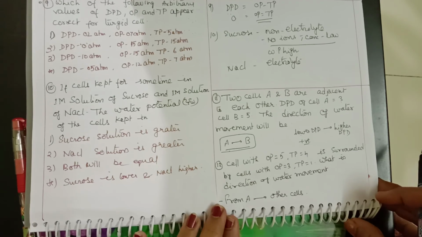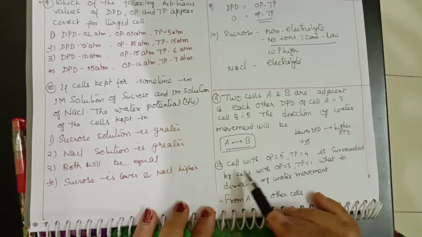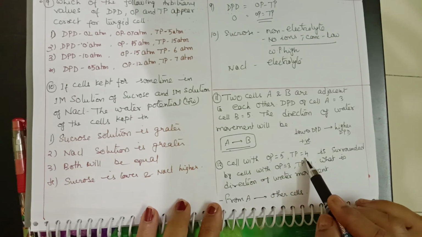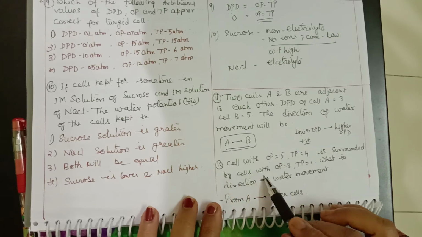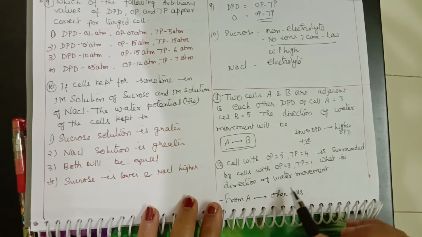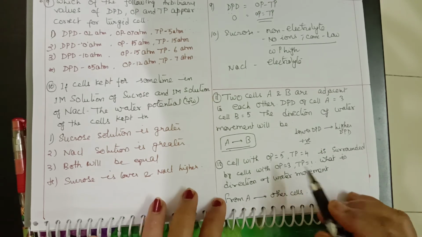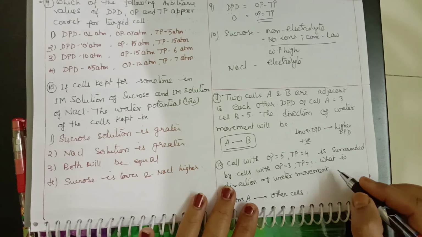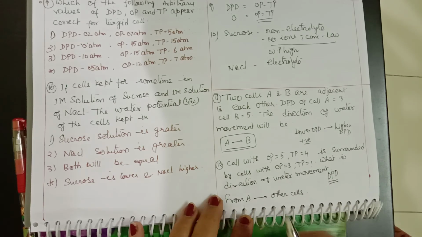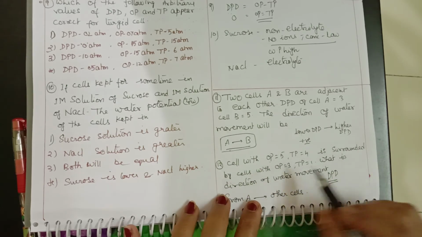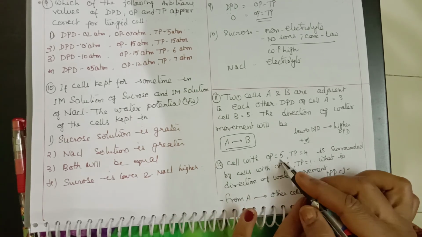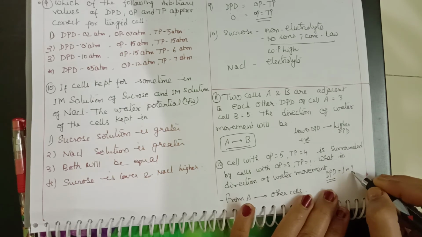Now coming to the last question of this session. Cells with osmotic pressure and turgor pressure values are given. A cell is surrounded by cells with an osmotic pressure of 3 and turgor pressure of 1. What is the direction of water movement? Here osmotic pressure is given, so first you have to find out DPD. DPD of the first cell, let us say cell A, will be 5 minus 4, that is 1.